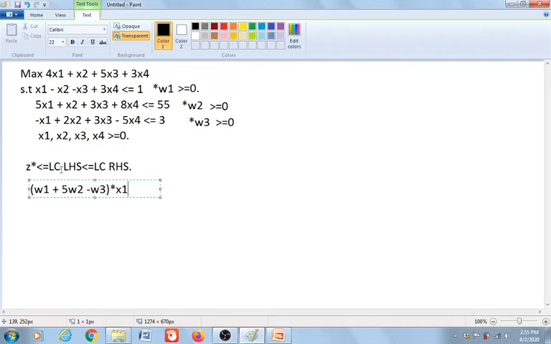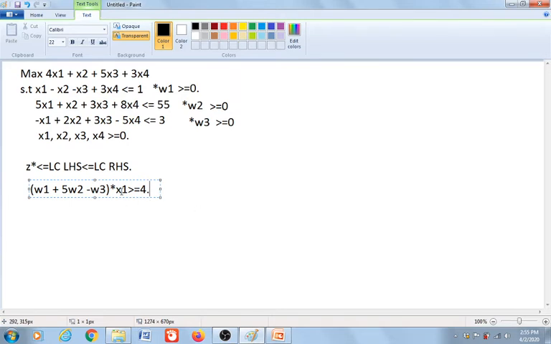According to the weak duality theorem, the linear combination of the left hand side must be bigger than or equal to the objective. So since it is x1, this is the coefficient of x1, and that must be bigger than or equal to 4. Okay, now we need to pay attention here.